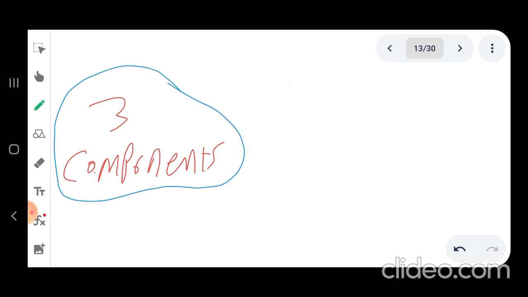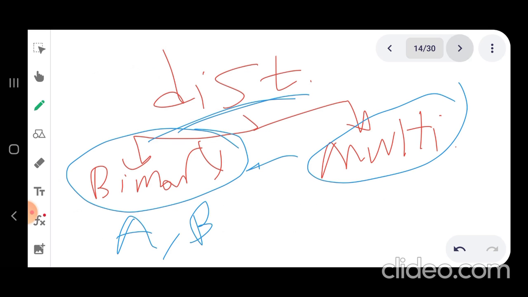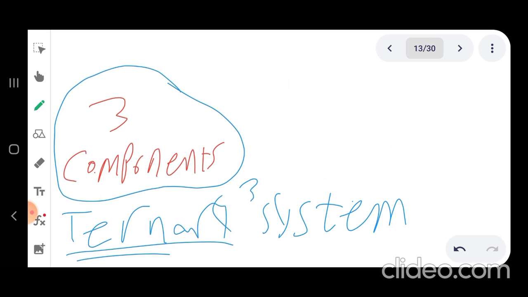In other words, we call it a ternary system, not binary, ternary. What do we mean by ternary? Ternary means three. Binary means two, ternary means three. So we are going to deal with three components.